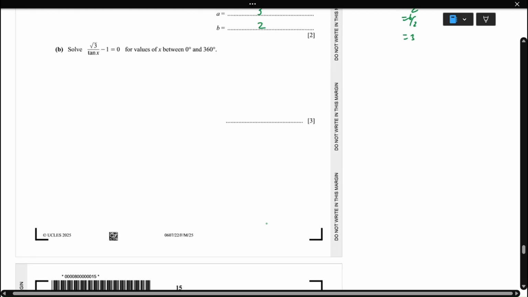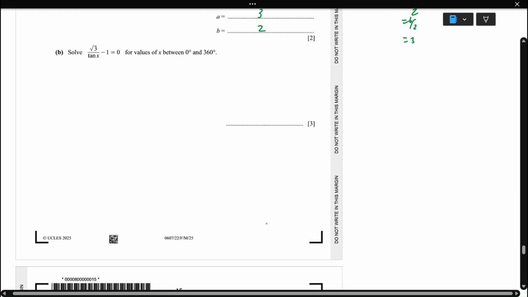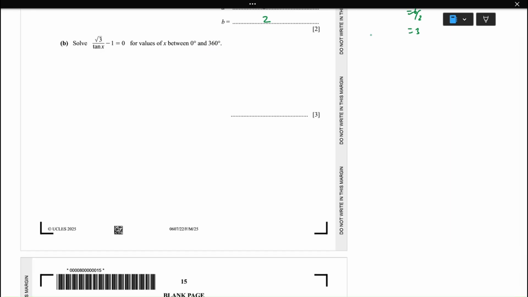Next, solve root 3 by tan x minus 1 equal to 0. The interval is going to be 0 to 360. So we need to solve for x between the angles 0 to 360, a full cycle. So first I'll take root 3 by tan x minus 1 equal to 0.